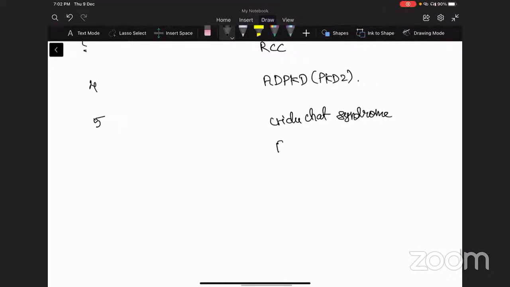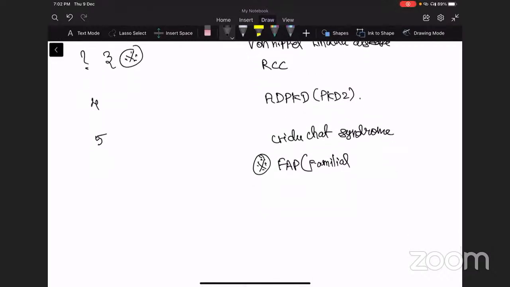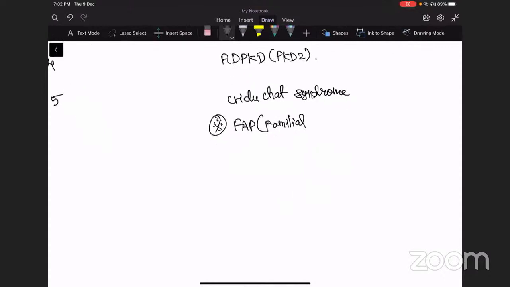And also the FAP, very important chromosome number for FAP. Familial, very good, Ashley Simon, correct. Chromosome number 3, this is also important. And the chromosome number for FAP is number 5, it's also very important.